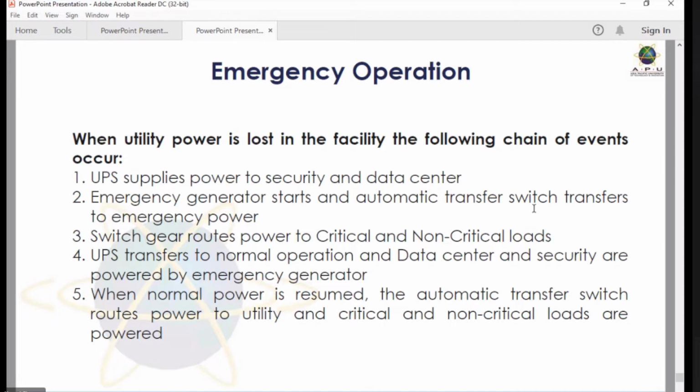Okay, it gives us some time to restart our generators. So after we give power to data center and security with UPS, then the emergency generator starts and the automatic transfer switch, ATS, transfers to emergency power.